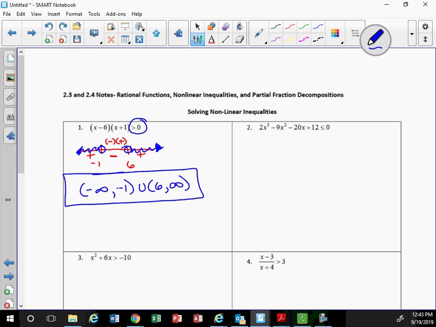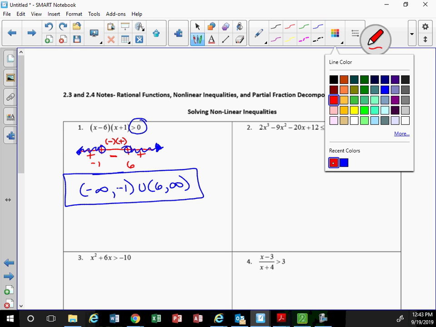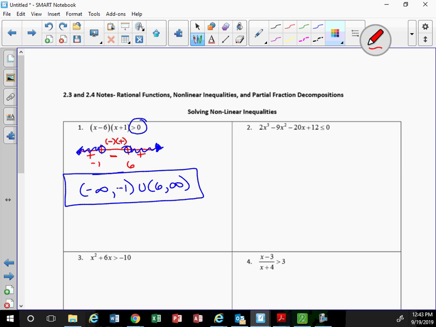Let's look at number 2. I know you're not going to like number 2, but that's okay. Does it factor? Not easily, not just by grouping. So give me a skill that you guys now have to figure out one of the zeros of this.